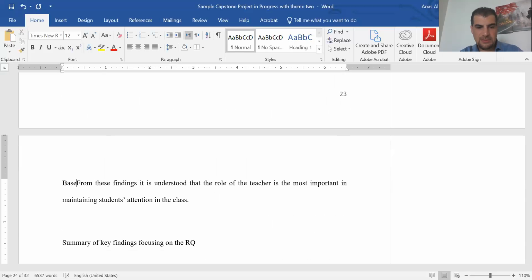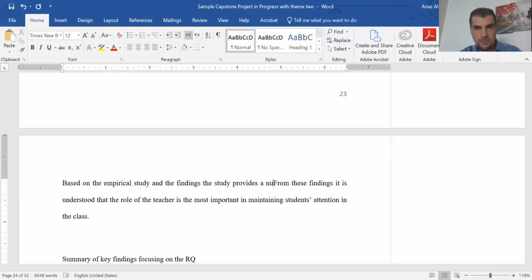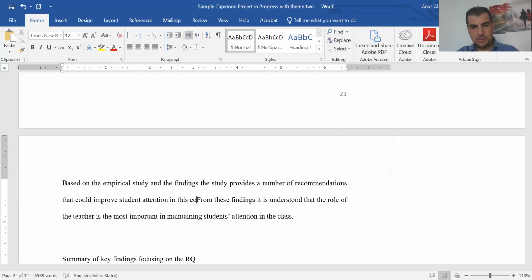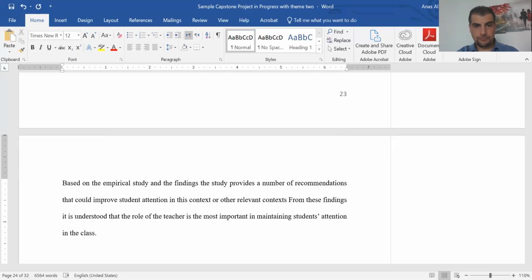Based on the empirical study and the findings, the study provides a number of recommendations that could improve students' attention in this context or other relevant contexts.